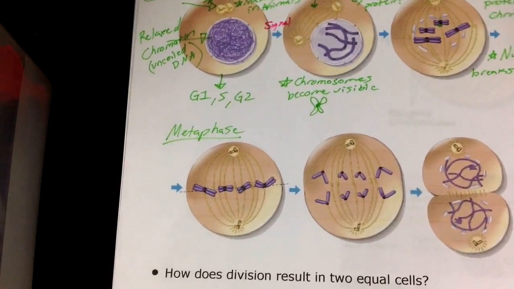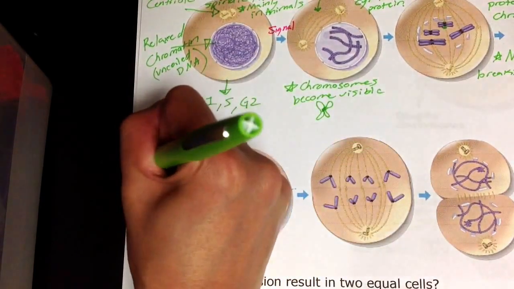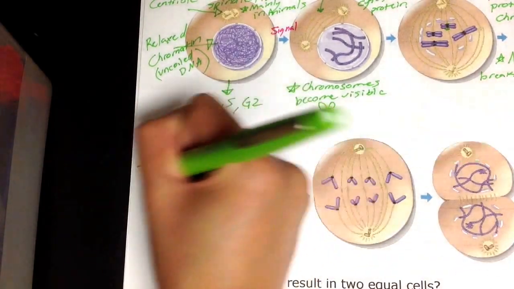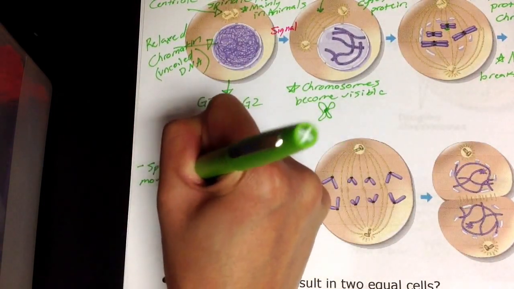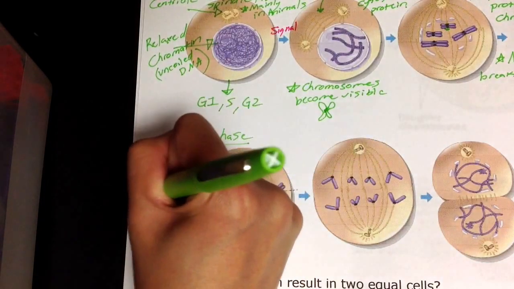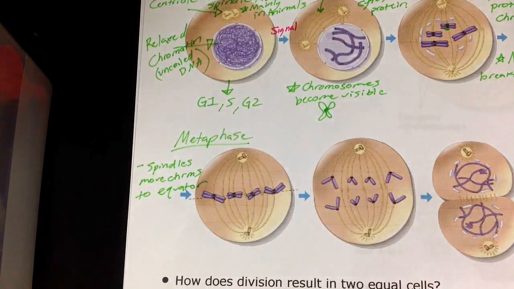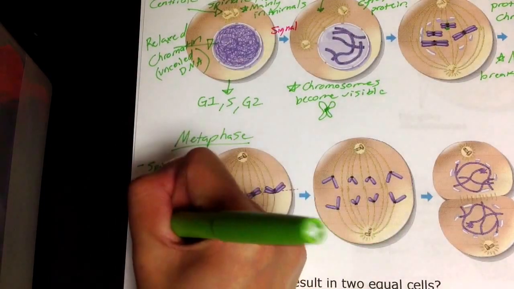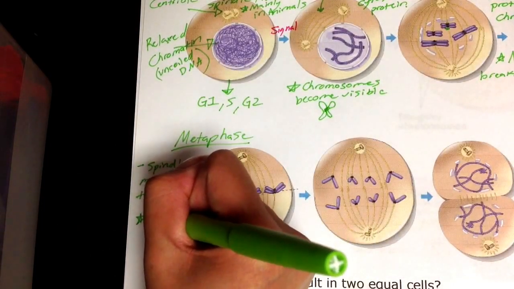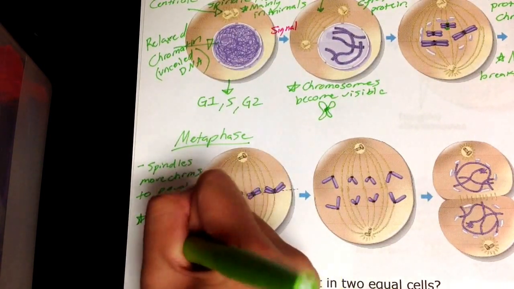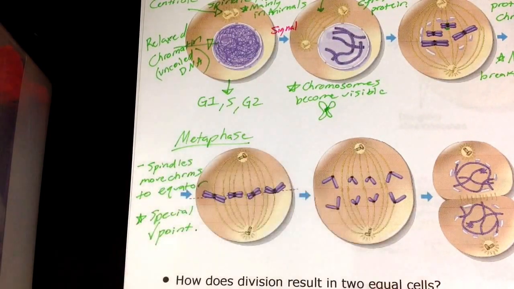So in metaphase, very simply, spindles move the chromosomes to the middle of the cell, which is also known as the equator. Okay? Here, we will actually learn that there is a special metaphase checkpoint that's going to help regulate this process.